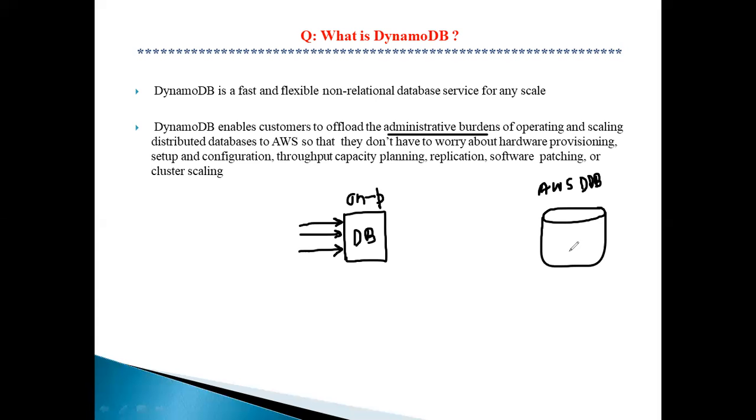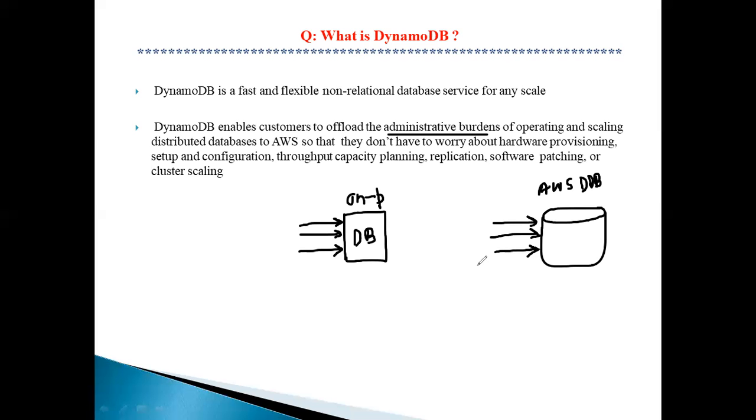For example, when requests are coming to DynamoDB, the size will automatically increase. There is an option in DynamoDB, I will discuss in further videos, called on-demand provisioning. We'll discuss it later. But there is no need to increase the size of DynamoDB. You can upload your unlimited data into DynamoDB.